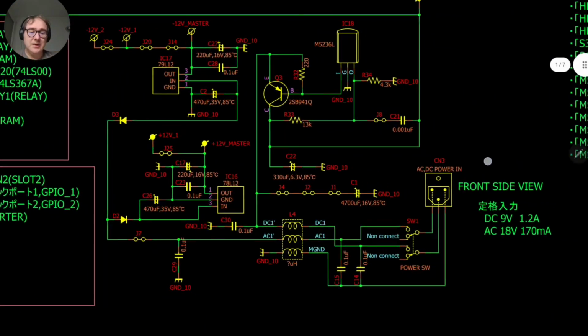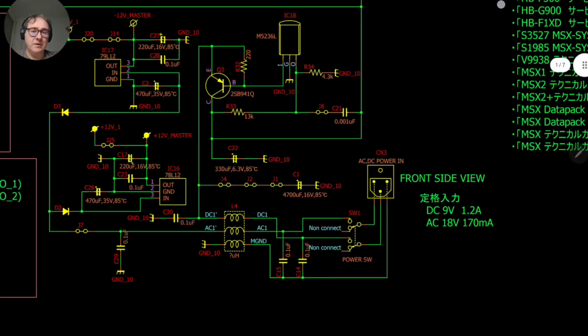And we start from here. This is the weird connector, which has 3 pins. In one of them is ground. The other one is 9 volts DC, so continuous current, and most of the amps are here, 1.2 amps.